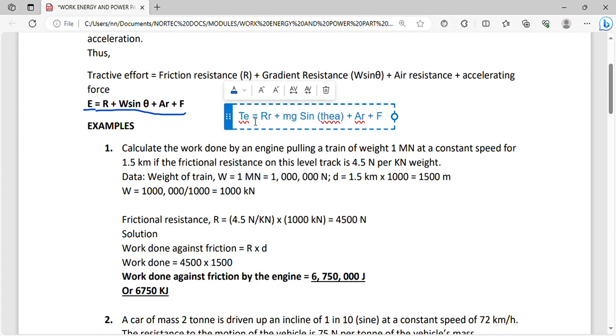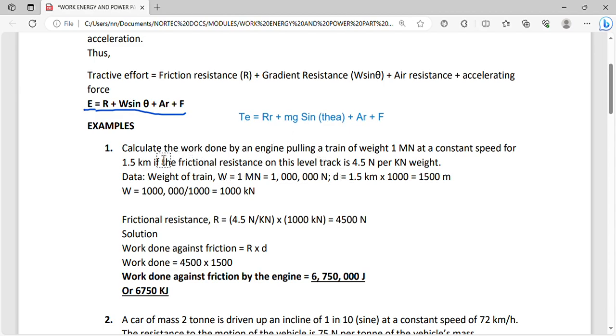These together are giving us the tractive effort. These are the resistances, the forces that are opposing the movement of the vehicle. So together, this tractive effort, meaning when the engine is running, it should overcome all these. Then you see your engine accelerating.